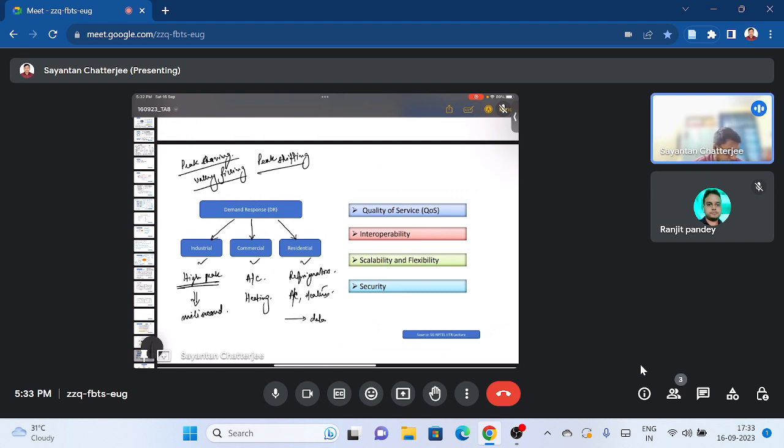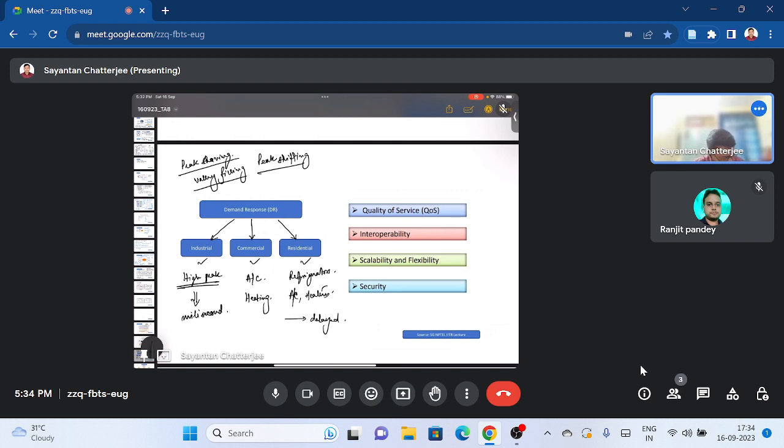Suppose somebody is using their refrigerator today, that usage today can't be delayed to the next day, because that is then playing with the customer, which the DSOs or the ISOs can't do. So on the basis of these requirements, these can be deferred for a bit of time, like 1 hour or 2 hour delays.